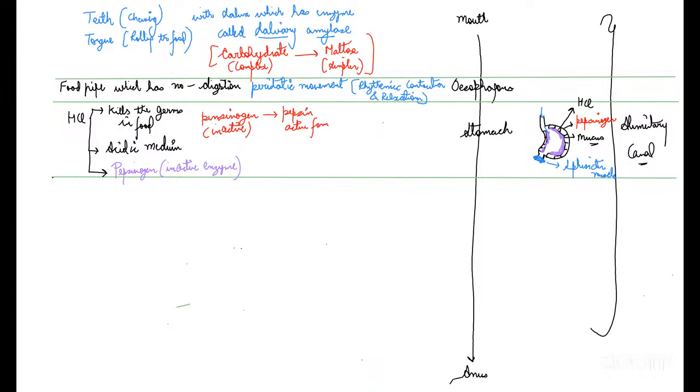Guys, did you understand? Yes or no? Joshua, Ira, Edric, Jashron, Jahoan. The pepsinogen is an inactive form. So HCl makes an acidic medium so that the pepsinogen can convert into pepsin. Understood, guys?